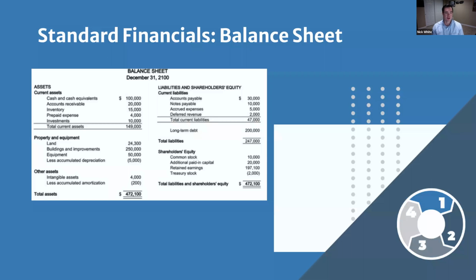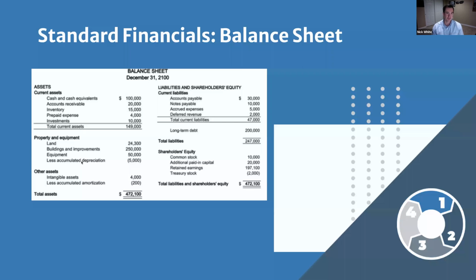Looking on the left side here, we have our current assets like cash, accounts receivable, and inventory, and these are all items that can quickly be liquidated. Then we have our property and equipment, so land, buildings, any heavy machinery that the business owns, vehicles, everything like that. And I know I just mentioned negative liabilities and assets. The only time you should really see a negative asset on the balance sheet is with this accumulated depreciation account.